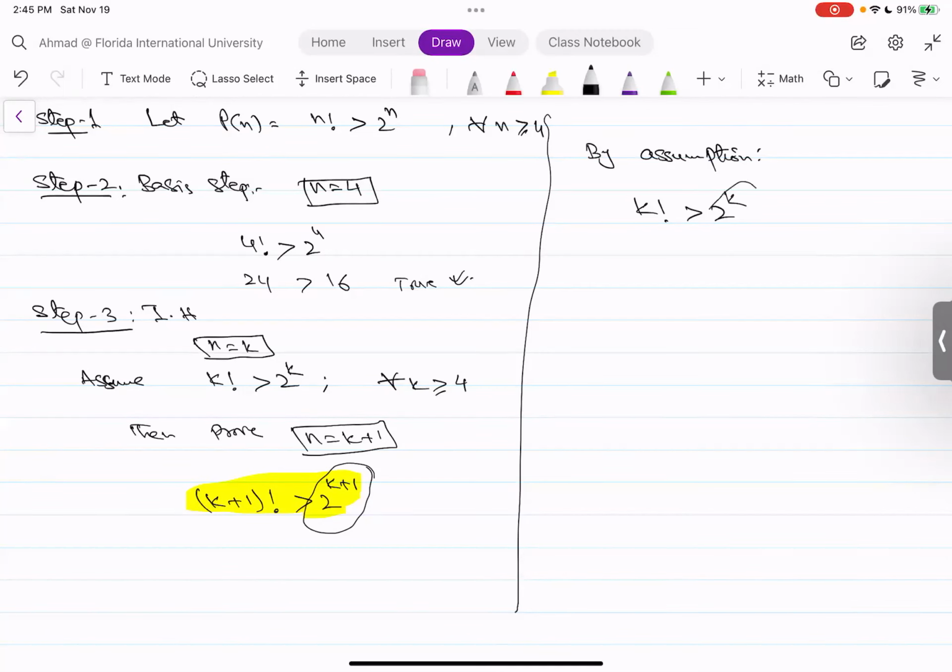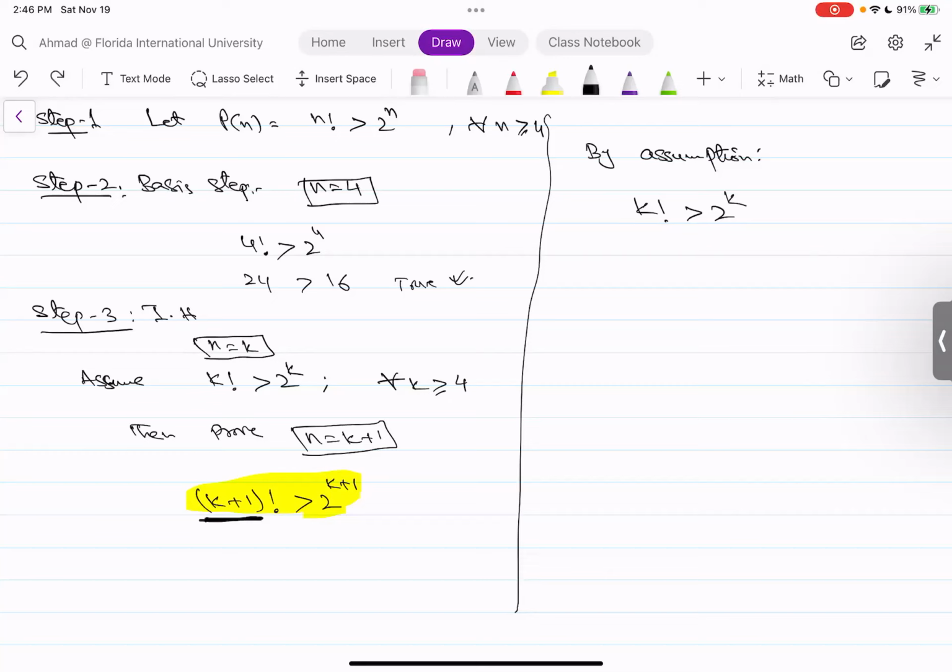Here I have 2 power k, so I can multiply it with k plus 1. This is one approach. Another approach is to make the left hand side k plus 1 factorial. So let's see what we can do here.